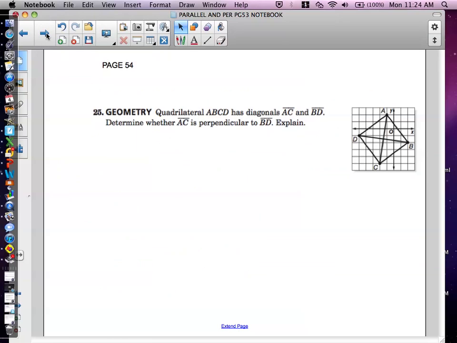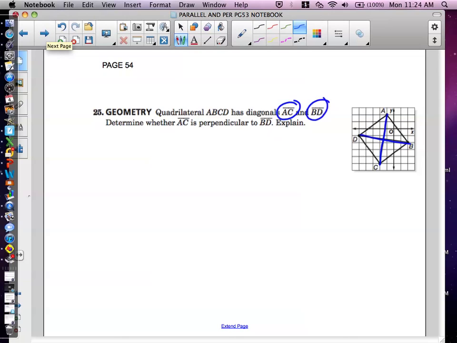And then moving to page 54, the geometry problem, number 25, you're given a sketch of a quadrilateral and the diagonals have been drawn in. So you have diagonal AC and BD. And you're asked to determine if the two diagonals are perpendicular to each other. The way you would prove that is by finding the slope of each line.